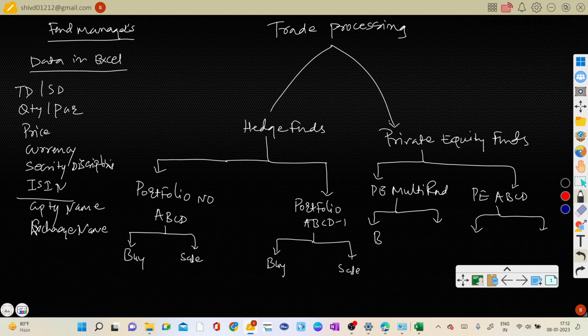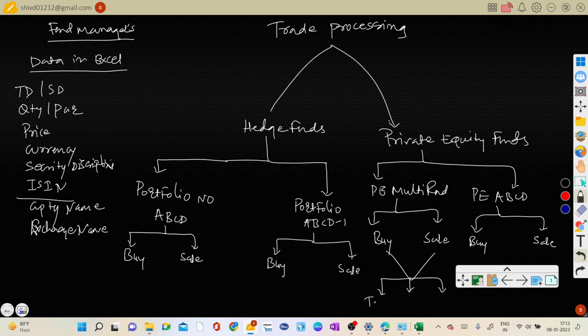Buy, sell, buy and sell. But the important thing here is under private equity, most of the instruments which we see are very important.